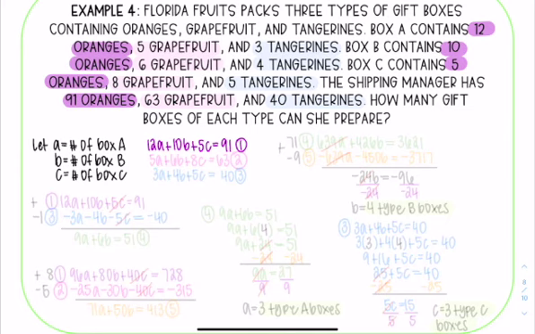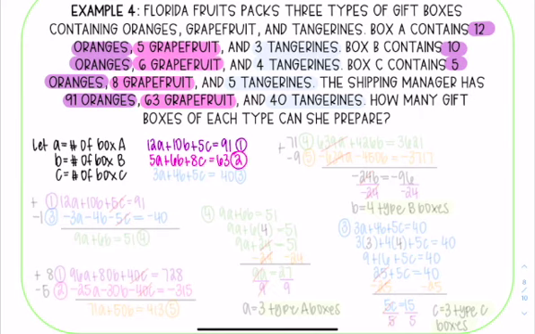Now let's look at grapefruits. We've got 5 grapefruit, 6 grapefruit, 8 grapefruit, for a total of 63 grapefruit. So same idea. We've got 5A plus 6B plus 8C equals 63.